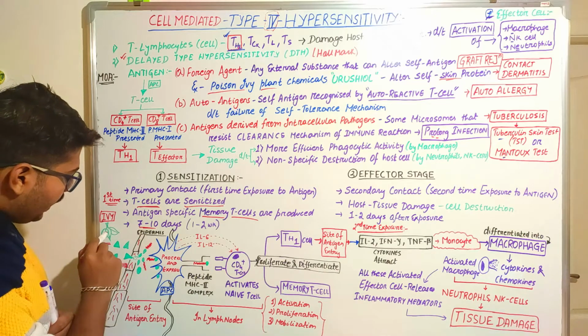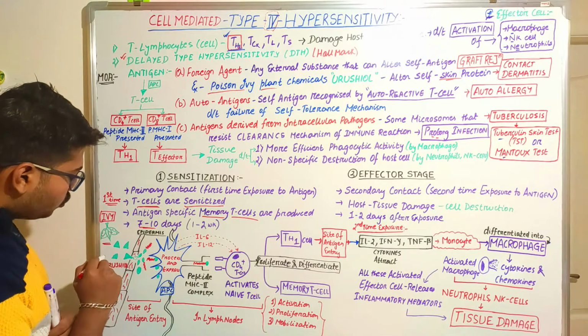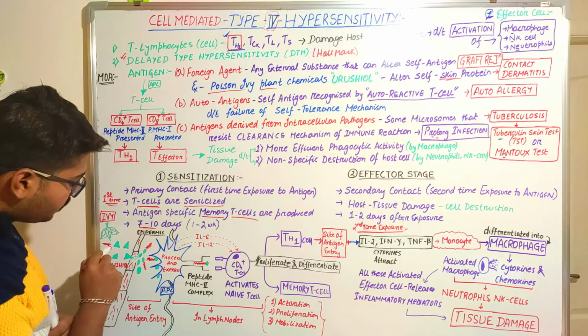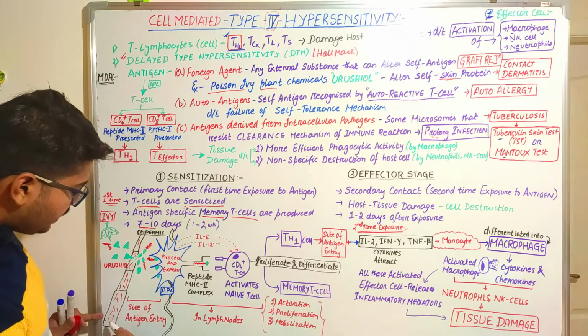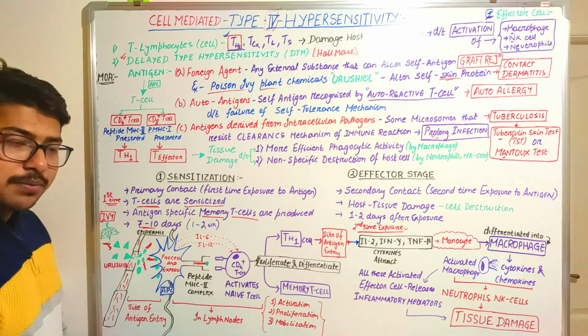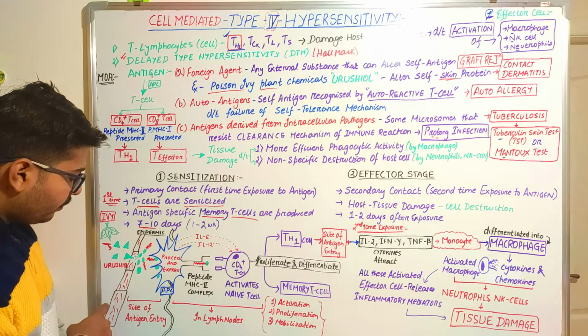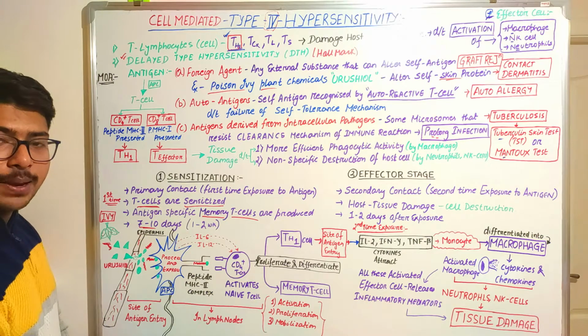It has a chemical, that is urushiol. When urushiol comes in contact with our skin, these black cells are nothing but our skin cells. It is the epidermis.